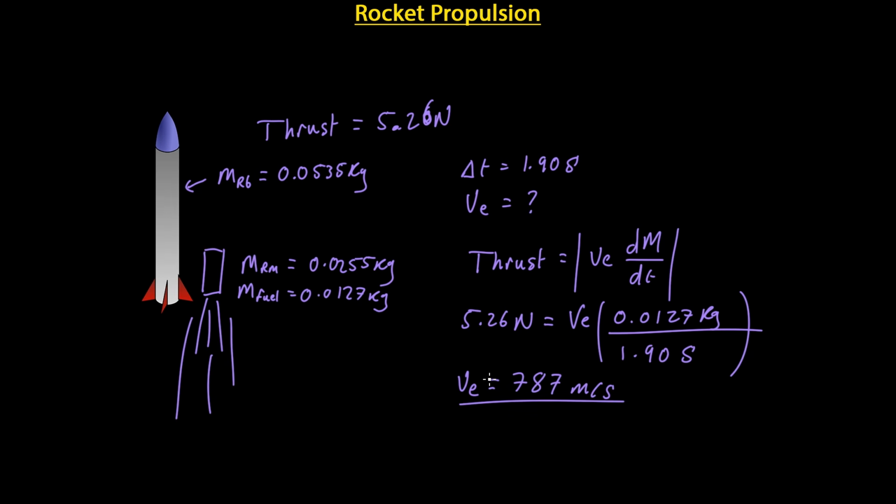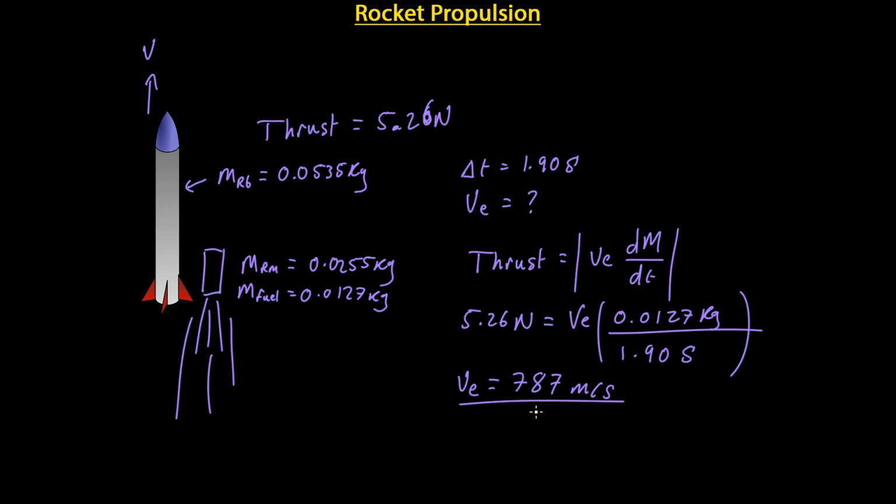So we got the exhaust velocity, but what would the final velocity of the rocket be? Say if this rocket is in empty space, far away from the Earth, and we want to find out how fast this rocket can go with its mass given this exhaust velocity.